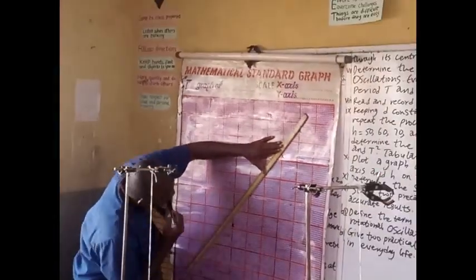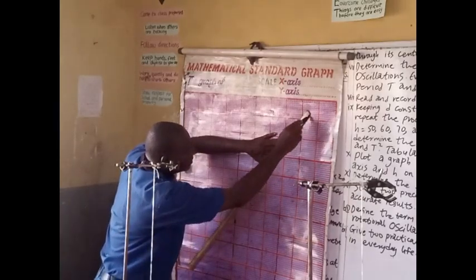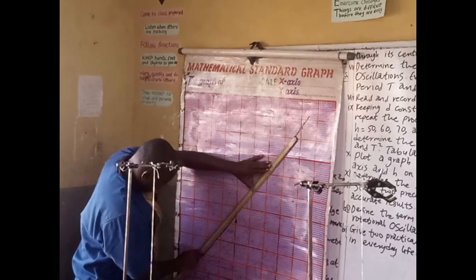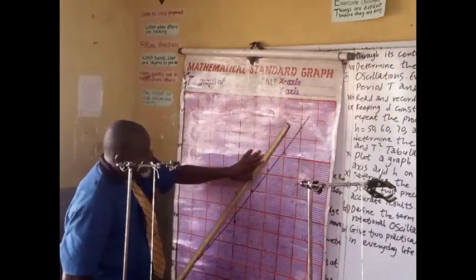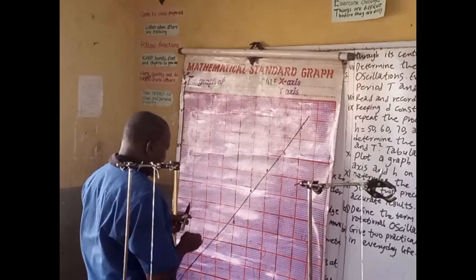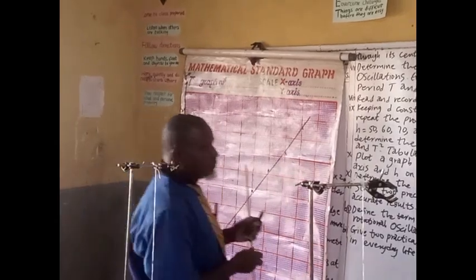Under 80. So after that, we are going to draw a straight line joining a minimum of 3 points, and the others will be evenly distributed. So that is the line. Now, we want to calculate the slope.